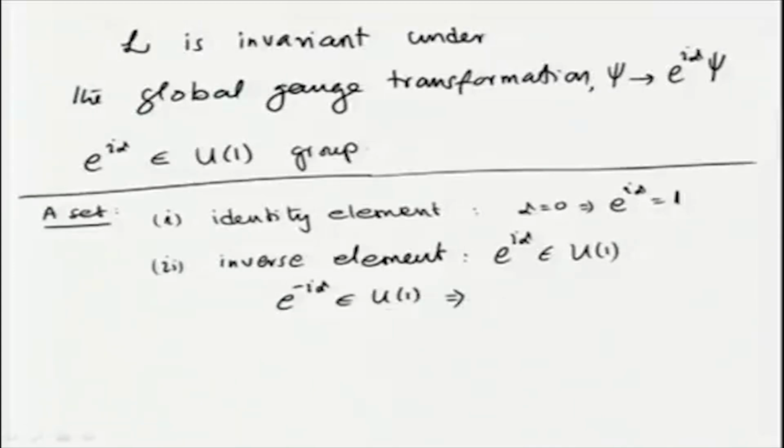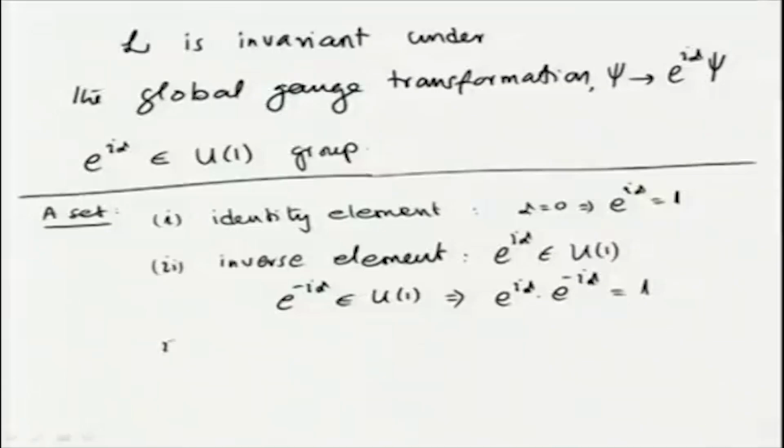So, that e power i alpha times e power minus i alpha is equal to unity, the identity. So, for every element there is another element, when you multiply them together, you will get unity or identity.